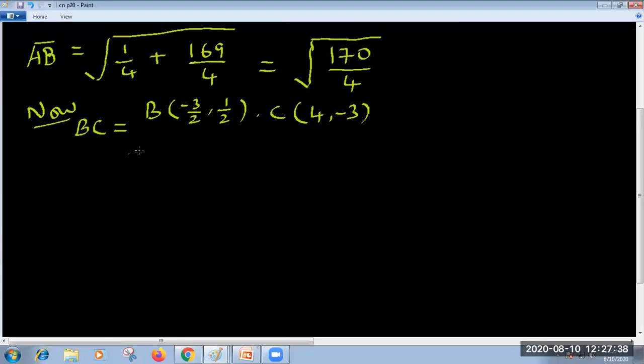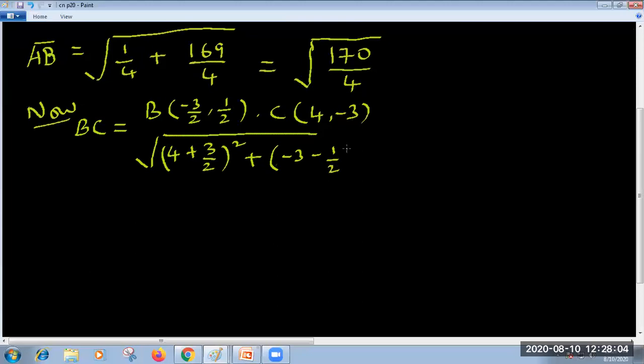So x2 minus x1 is 4 plus 3 by 2, and y2 minus y1 is minus 3 minus 1 by 2, whole square.